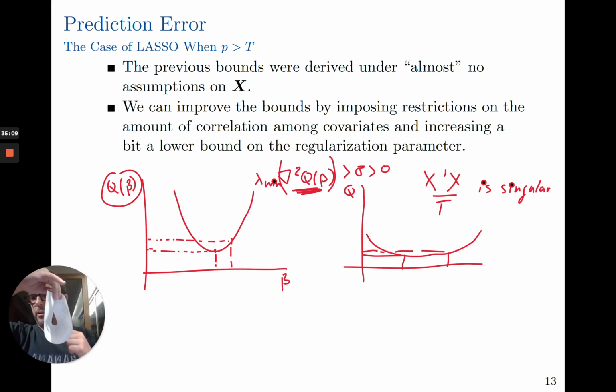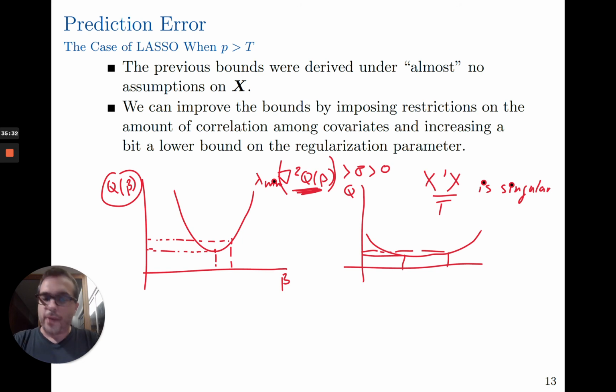But if I look here in this direction, it's completely flat. So the idea is that instead of having a fully flat cost function, we are going to have some curvature, but only in some directions. During our live session, I'm going to show some simulations about that.